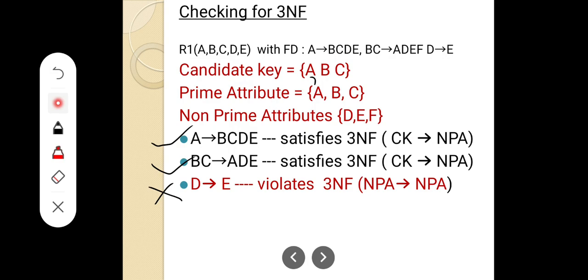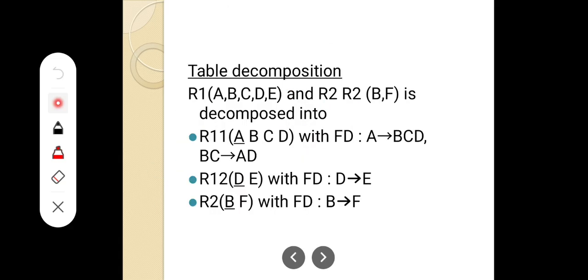Clear? So when we decompose, what do we do? This table will be further decomposed into a table which contains attributes DE. R11 and R12 are the decomposed versions, with D determines E as the functional dependency. So R1 ABCDE and R2 BF are decomposed like this.